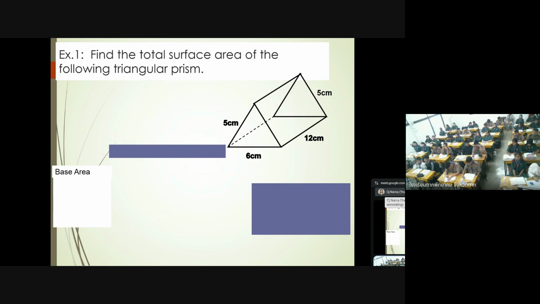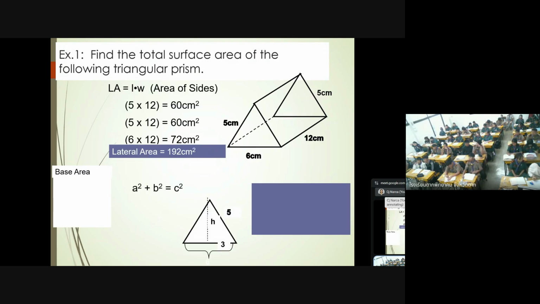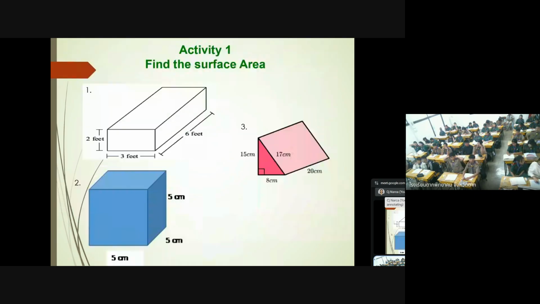Okay. On your notebook, answer this. So, we have cube, cuboid, and triangular prism today.